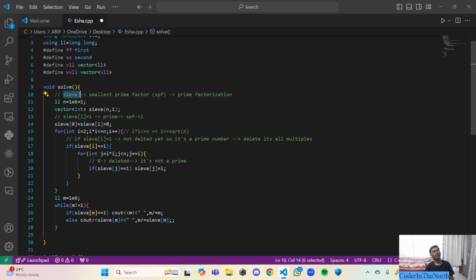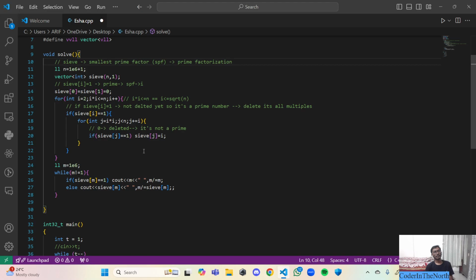First we had just boolean values, is it prime or not? We made some changes. After that, we had the smallest prime factor of that number instead of just prime or not. After that, we used the mathematical concept, and with that we found the prime factorization of the number.